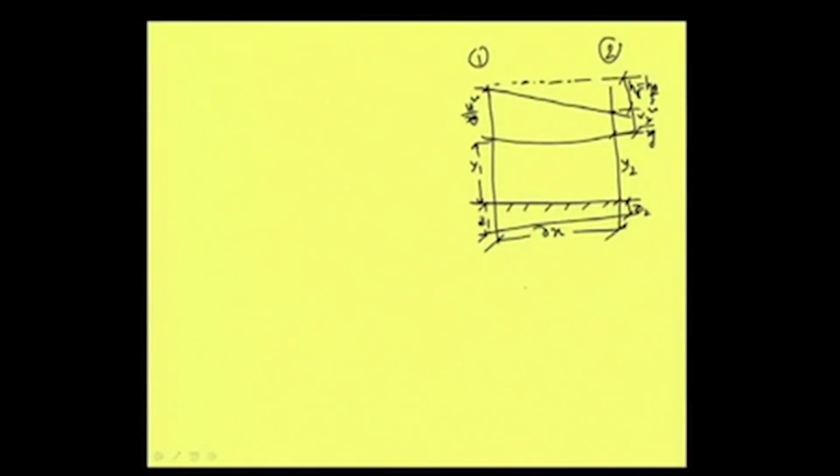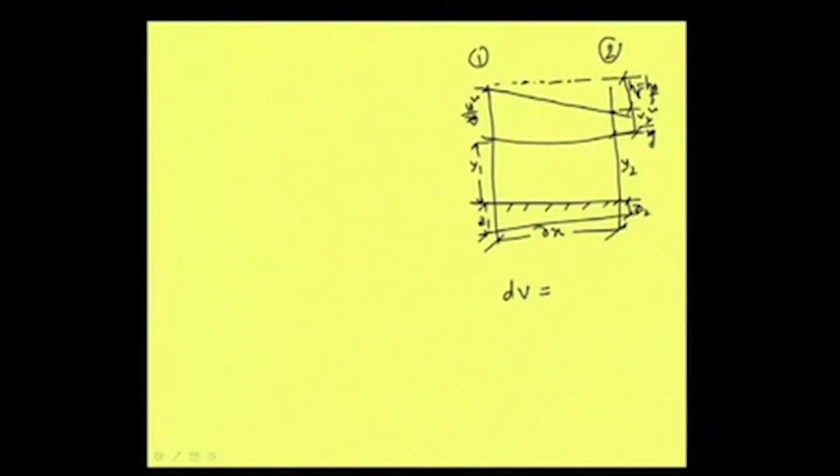Just to recall briefly, when we say v, then it is a velocity which is a function of x and t. Of course, in steady flow it is not a function of t, but in unsteady flow this becomes a function of t. Now this change in v, say dv, we can write as del v del t into dt plus del v del x into dx.